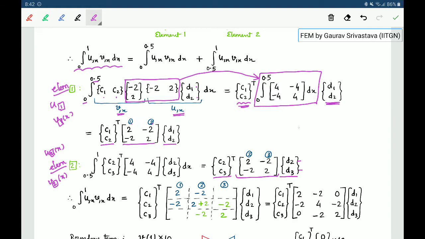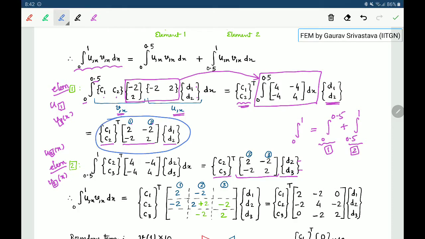And next we wanted integral 0 to 1, which was integral 0 to 0.5 plus integral 0.5 to 1. So this was the first element, this was the second element. So basically we want to add this and this. This plus this is what will give us the overall integral.